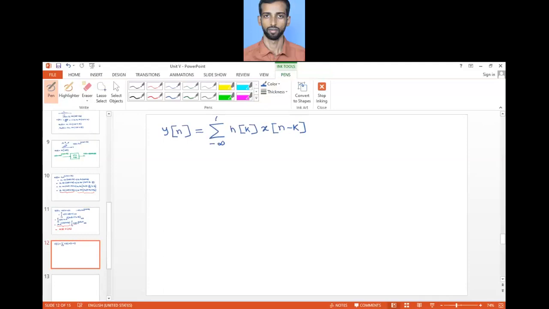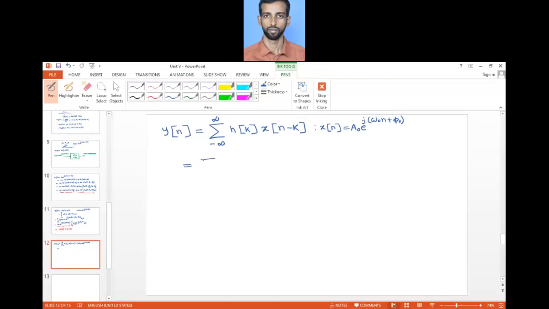For all k going from minus to plus infinity, where x of n is given by a naught e to the power j omega naught n plus phi naught, where omega naught is the small omega naught.